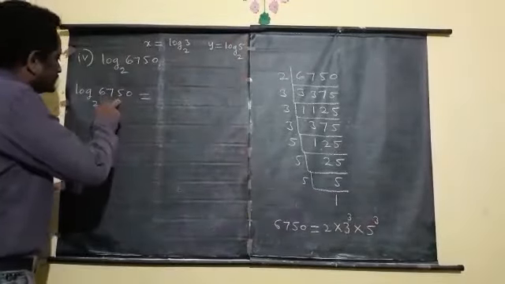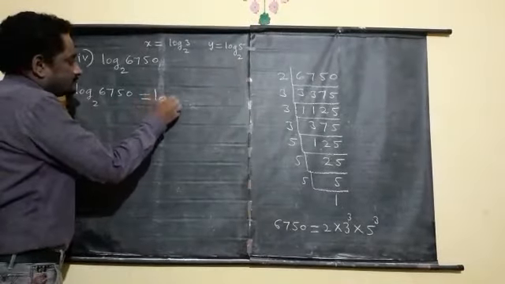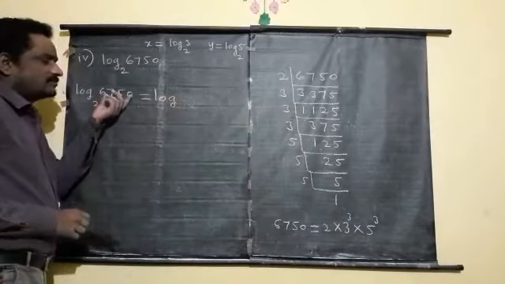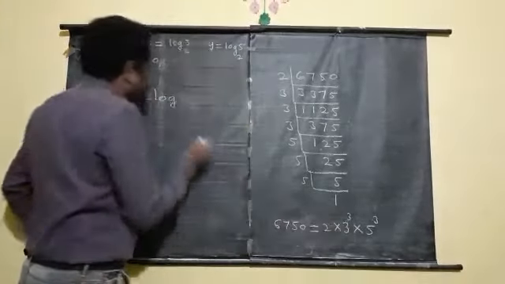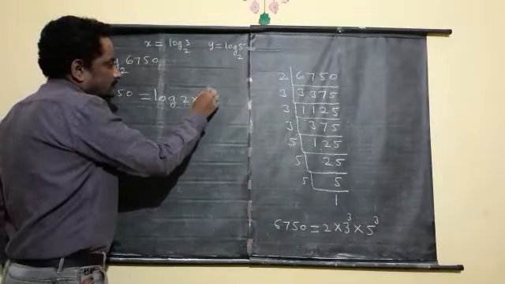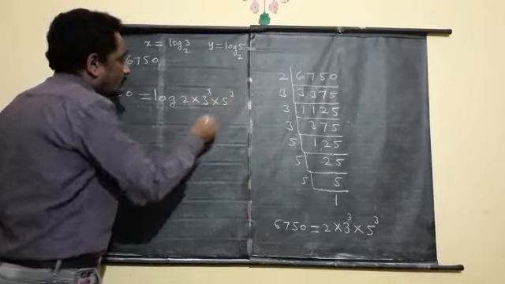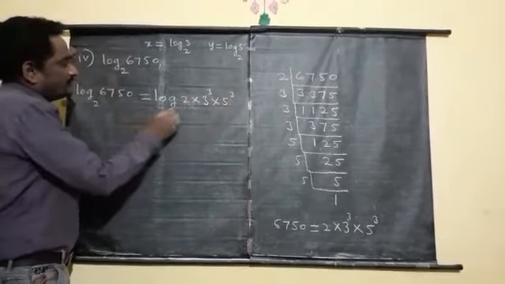So here log 6750 base 2 is equal to log, and in place of 6750 we write 2 into 3 cube into 5 cube, with base 2.